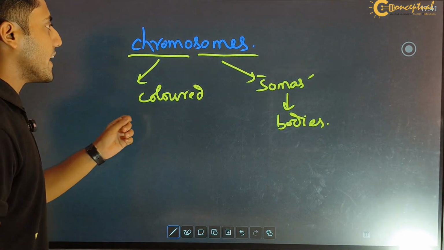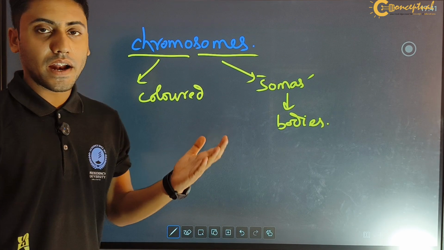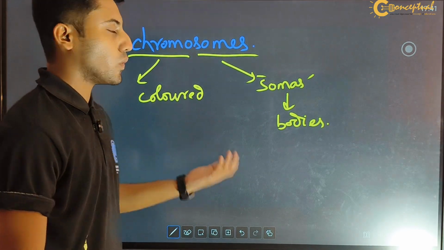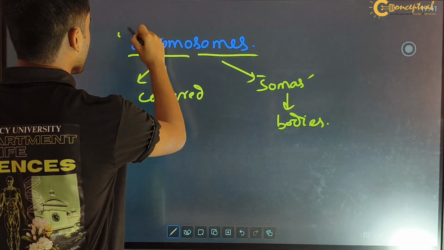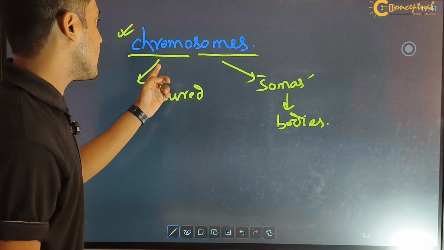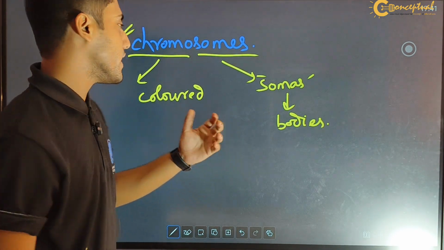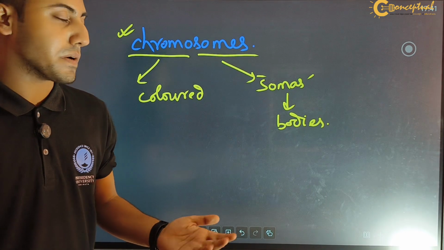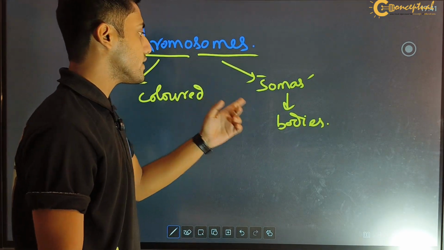Because when we try to dye or provide some kind of pigmentation in a cell to view it under a light microscope or say whatever microscope, we can see that these chromosomes will take up deeper color. Therefore, these are known as colored bodies since they are highly condensed. And if something is highly condensed, it is meant to take more color than the other cellular compartments and the other cellular organelles. Therefore, these chromosomes are known as colored bodies.